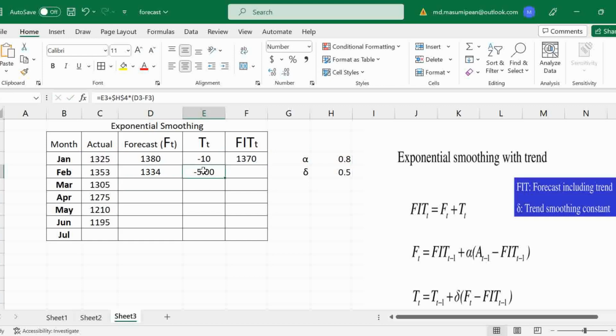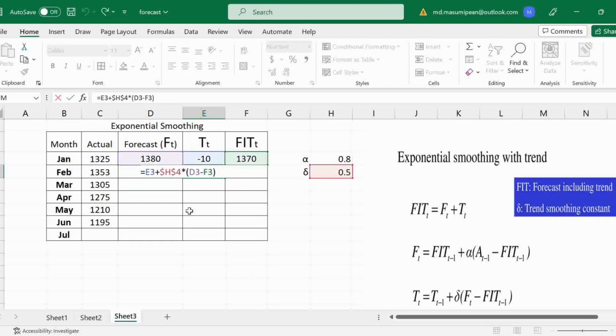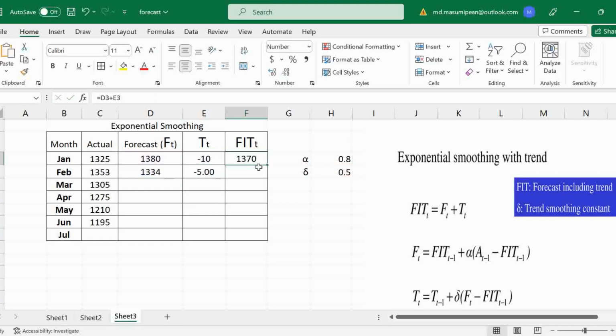TT will be the previous TT plus a constant multiplied by the deviation of the previous forecast and the forecast including trend. Okay.